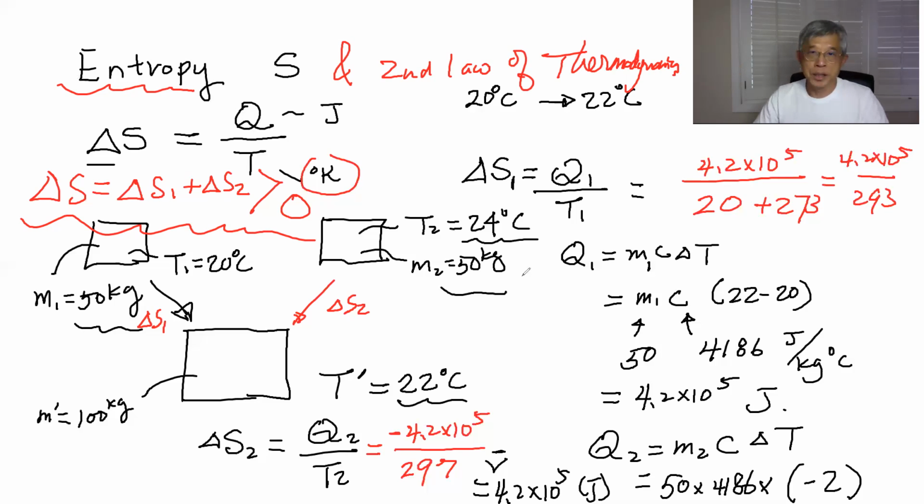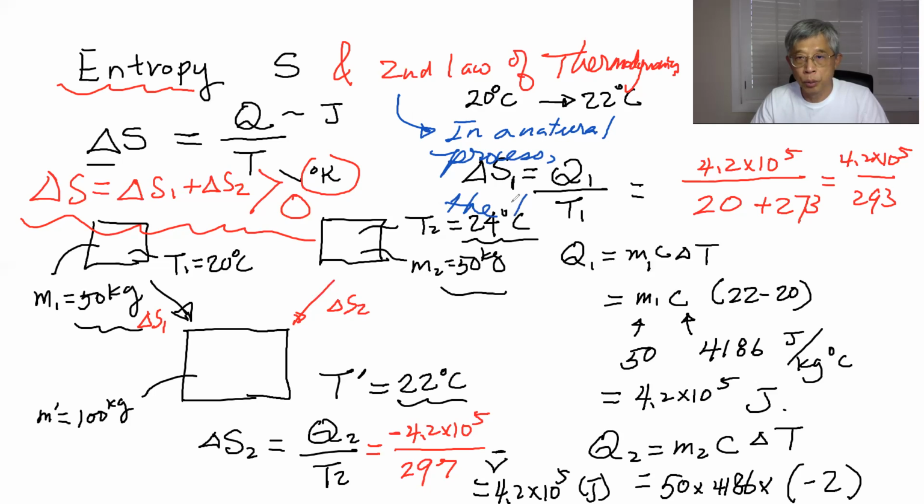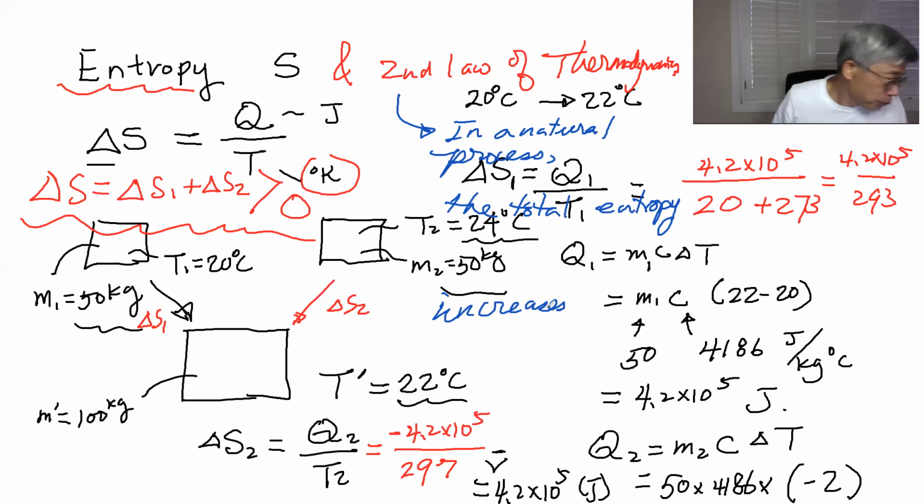The second law of thermodynamics says the following: in a natural process, in this case mixing two buckets of water, the total entropy increases.